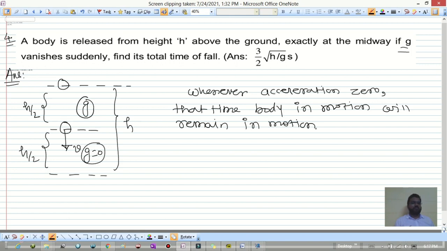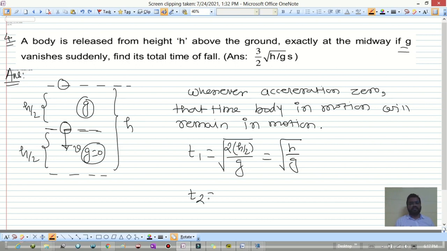So that body will not stop; it will remain in motion with uniform speed. Now, what is the time required for the body to travel a distance of h by 2? That is the time of fall. We have root of 2h divided by g, but h over here is h by 2, so it is root of h divided by g, because the 2 will get cancelled.